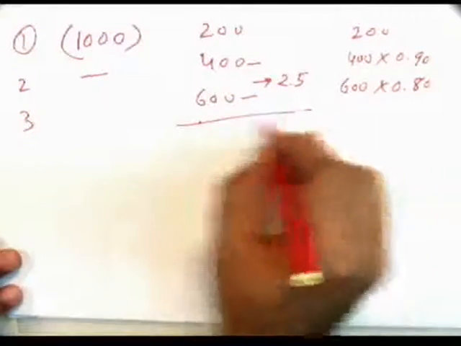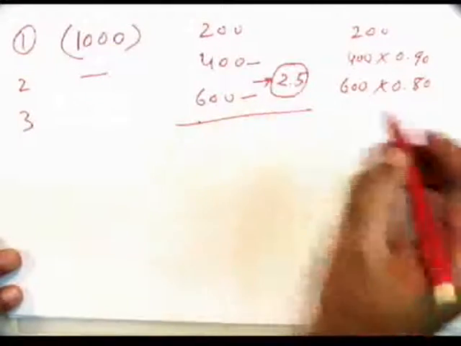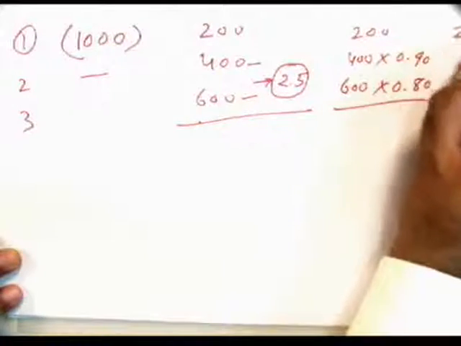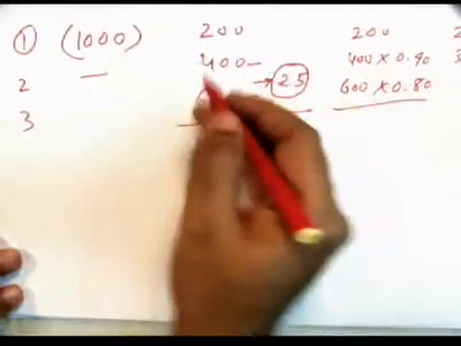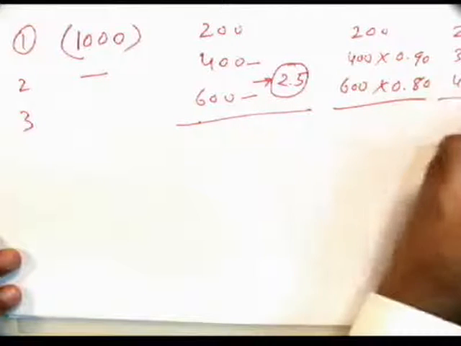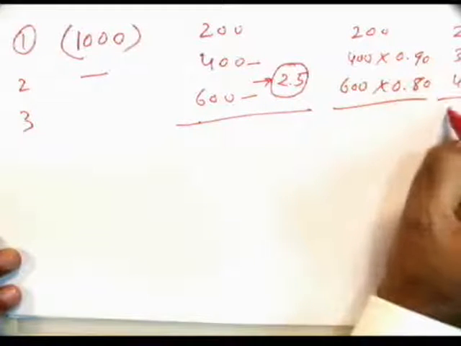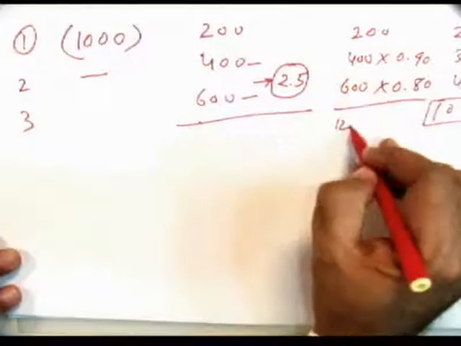So this ignores interest. According to this you will recover by 2.5. But if you look at this figure, because of the time value of money, you will not be able to even recover after 3 years. This is 1200.